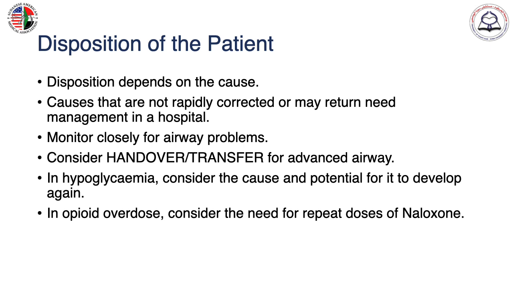Monitor closely for airway problems. Consider handover and transfer for advanced airway management. Hypoglycemia: consider the cause and the potential for its development again. If opioid is suspected, use naloxone.